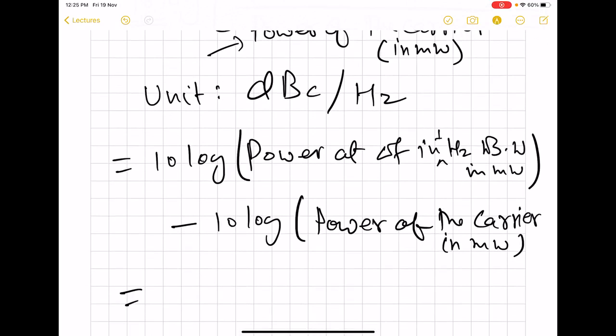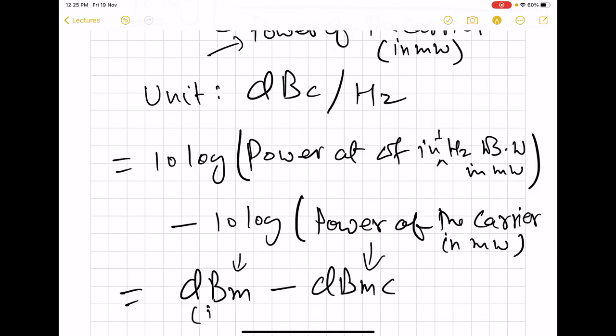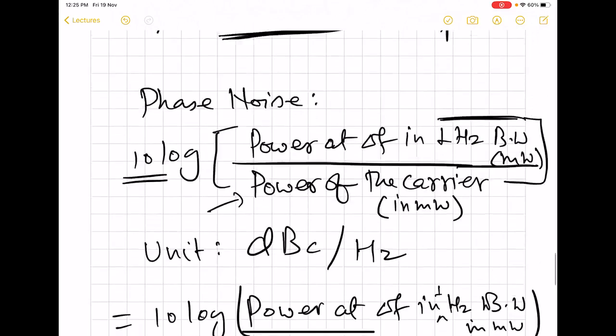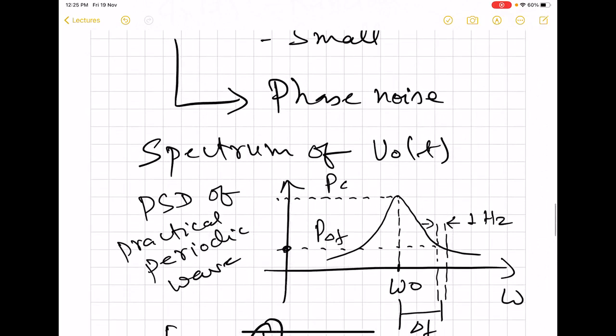So we see that the first term is basically the power in dBm, and keep in mind that this quantity is for 1 hertz, minus power of the carrier also in dBm. So this can be calculated directly from the PSD plot because this will typically be in dBm.